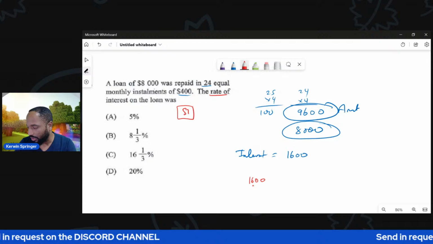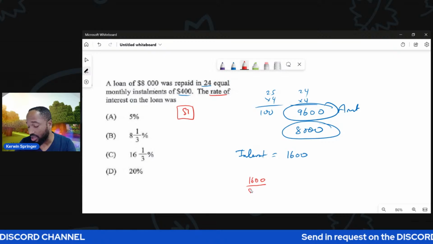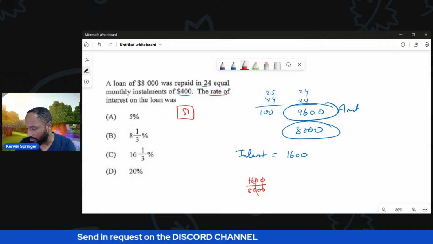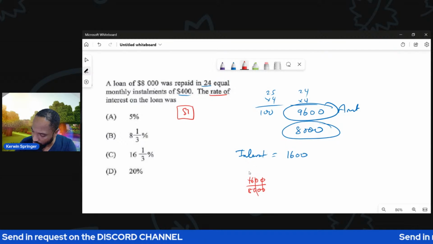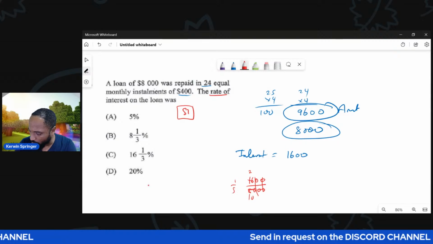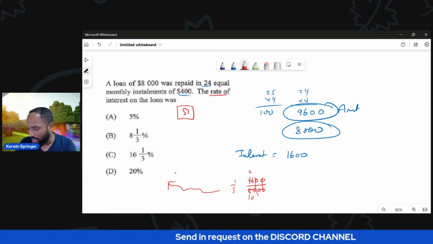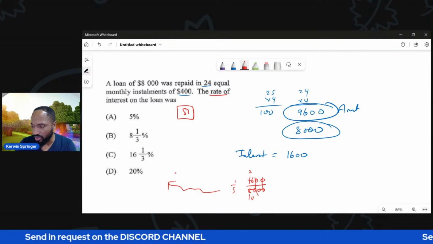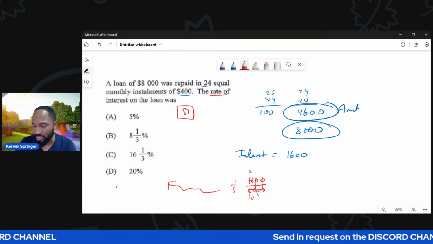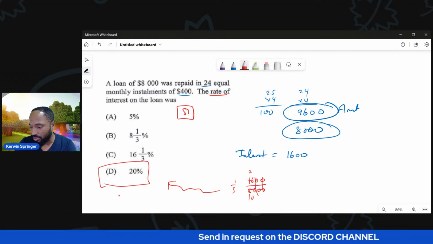If I use 1,600 over the original and get that as a percentage, it could go into this 2 times and it could go into this 10 times. I get 1/5, which is 20%. But I don't think it's supposed to be there. Which is probably what they were looking for. So this is what they're looking for.